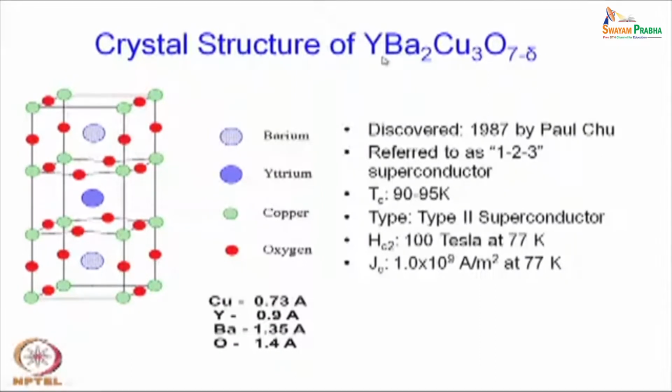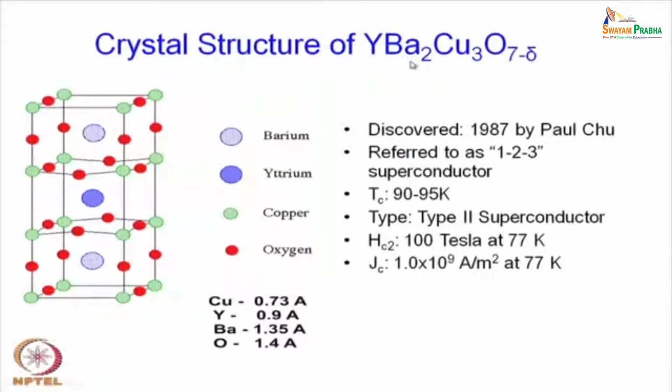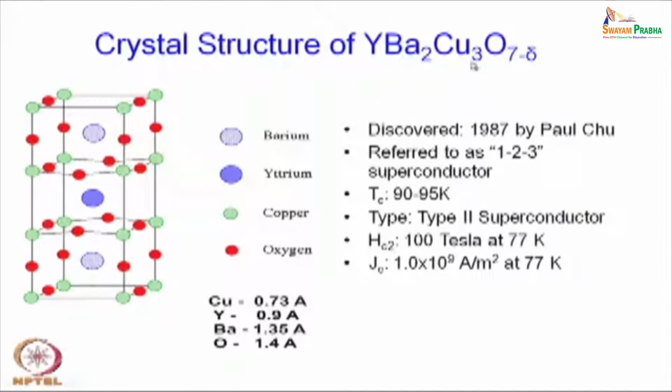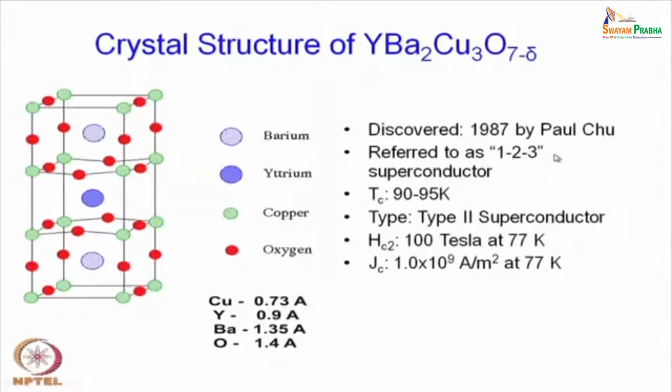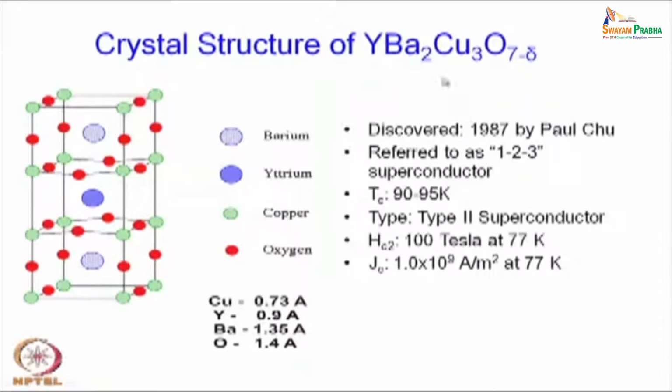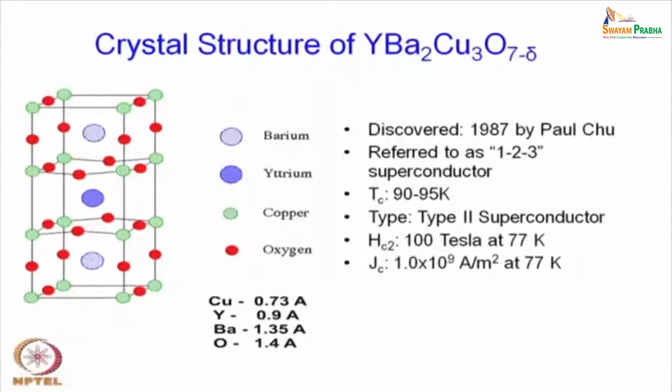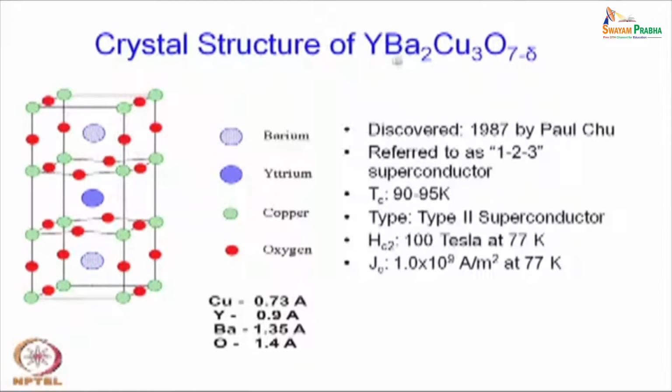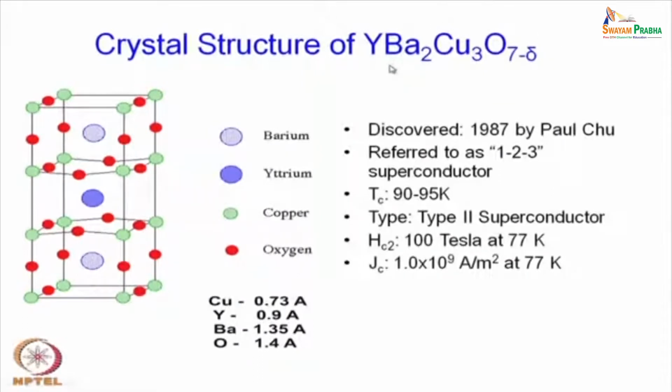Yttrium is present as only one atom, barium is 2 atoms and copper is 3 atoms. So, sometimes they are called 1, 2, 3 compounds, or also it can be called YBCO. So, that is how it has been described in the literature, and this is the formula.